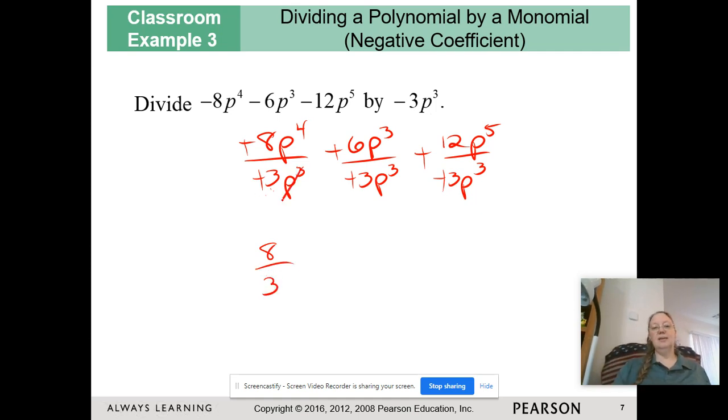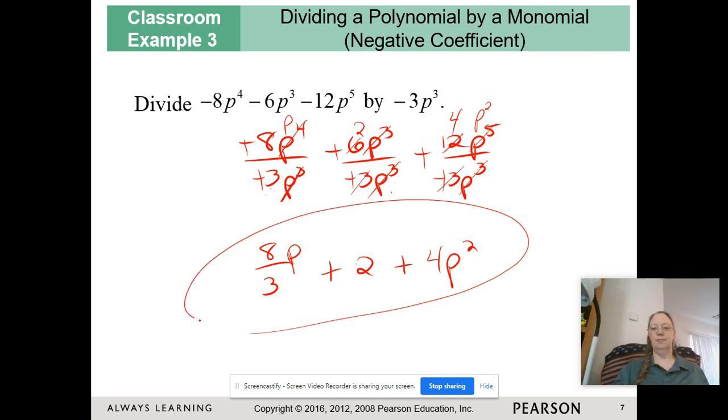And then I can cancel out 3 p's, and I'm left with just a single p. You can either put it in the numerator or next to it. It doesn't matter. It's the same thing. So my p cubes will cancel, and I'm left with a 2. And 3 goes into 12 4 times, and I have p squared left over, 4p squared. And that would be your final answer.